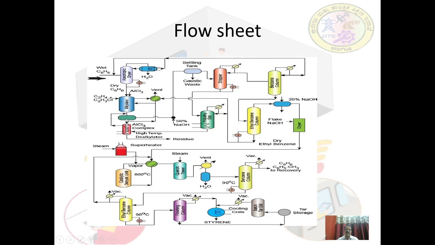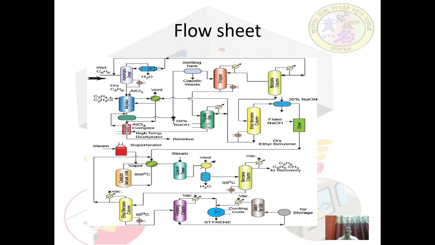The alkylate, the ethyl benzene thus formed, is taken out, treated with 50% sodium hydroxide solution and allowed to settle to separate the caustic, which is there in excess as a waste, and then it is stripped to separate ethyl benzene from polybenzene.